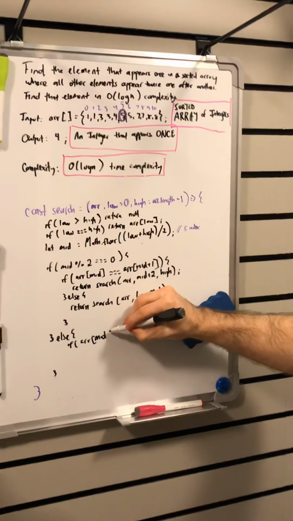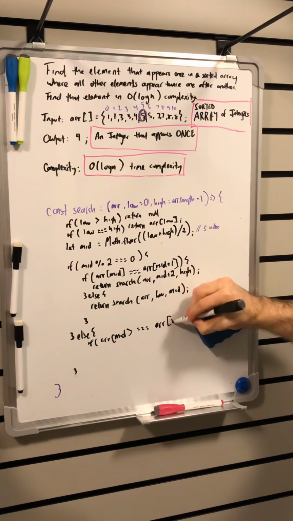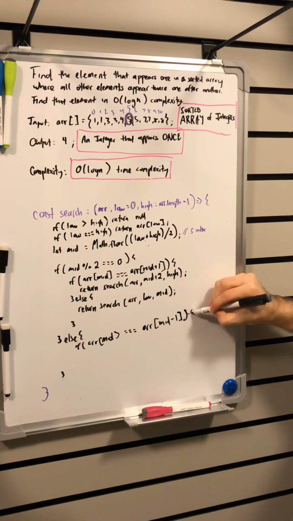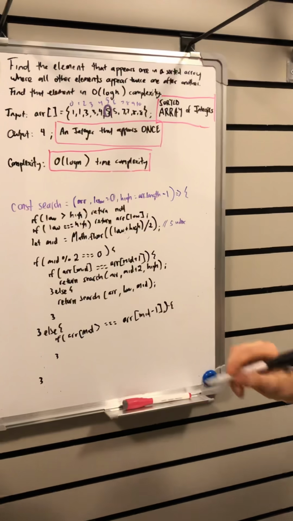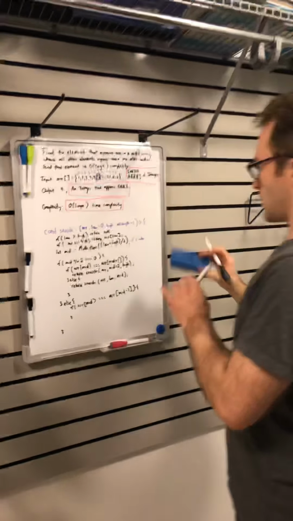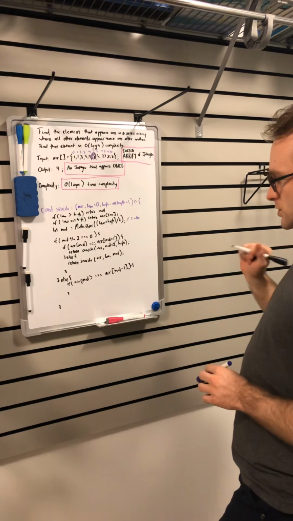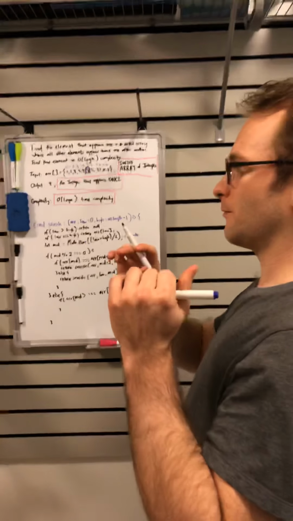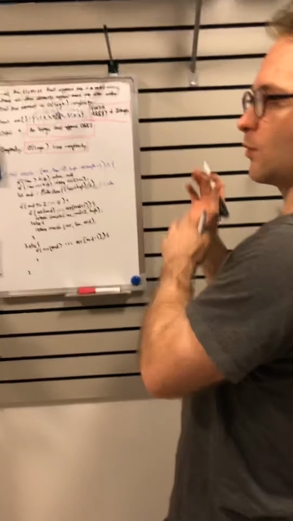So if the mid is truly equal to the guy to the left of us, then we know that we want to look ahead 1 instead.